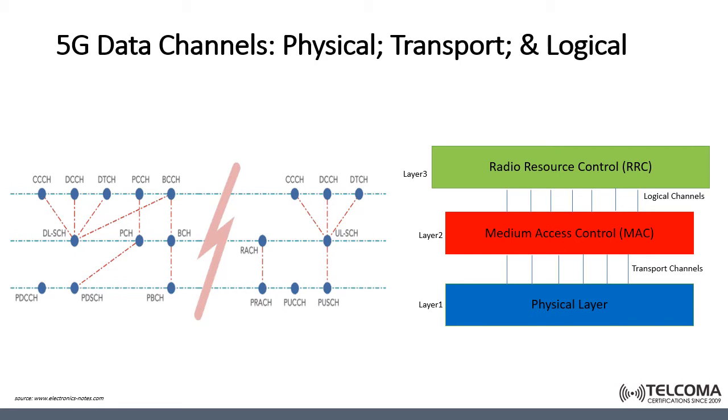If you look back and you can remember the LTE Protocol Stack, you can notice from the figure or the diagram on this slide that there are many similarities between the LTE Protocol Stack and the 5G New Radio Protocol Stack, because the LTE Protocol Stack is being taken as a basis for the development of 5G New Radio.